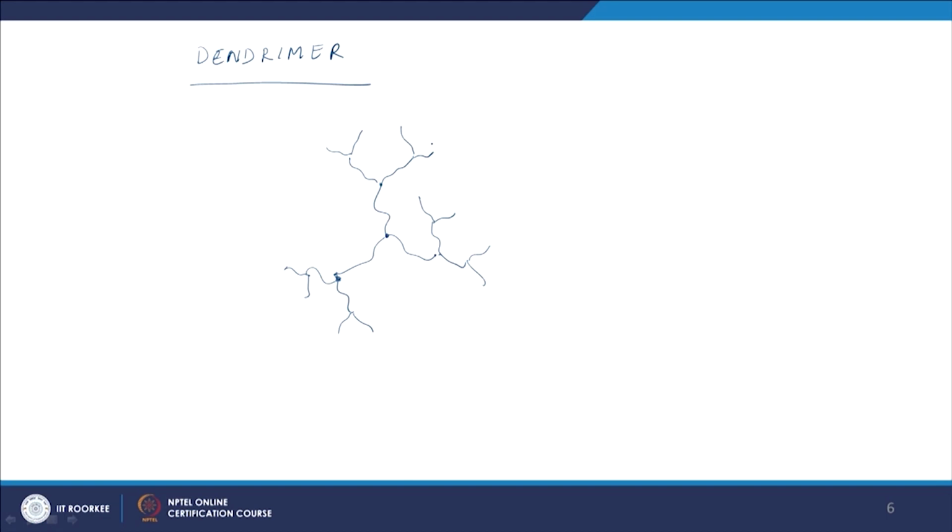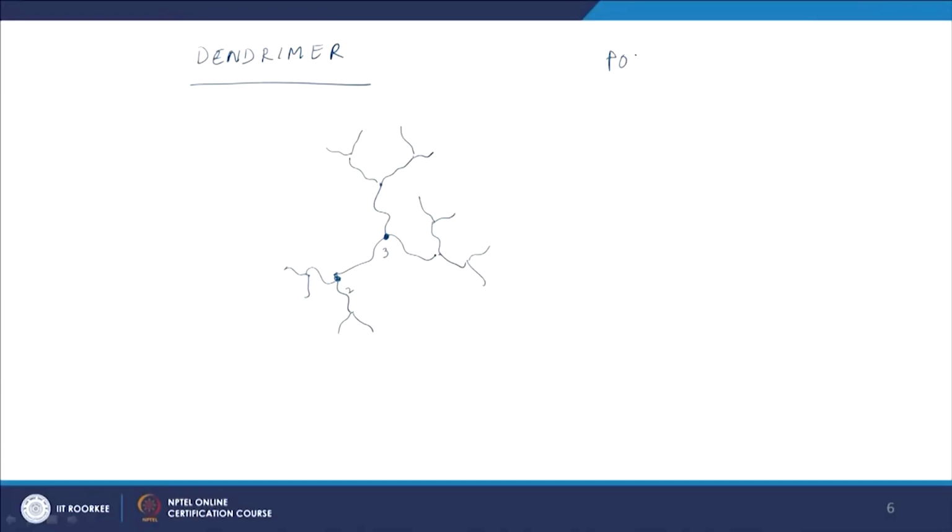So, as you can see, the first central one has 3 branches, and after that each of them will have 2 branches, and depending on how many steps I carry, I will have dendrimers of different generations, right. Depending on how many steps I continue this process, I will have different kinds of dendrimer. This is a very fancy system, and I will talk about some applications of similar systems.